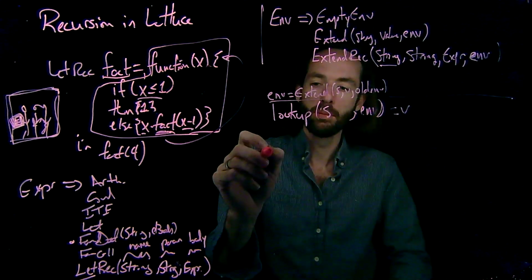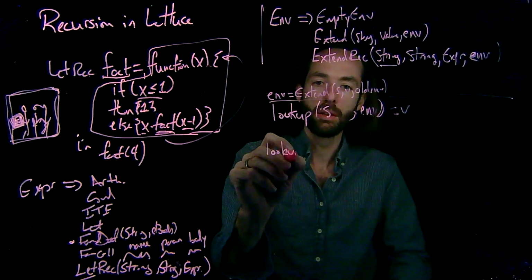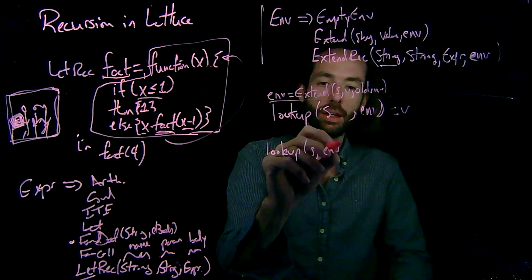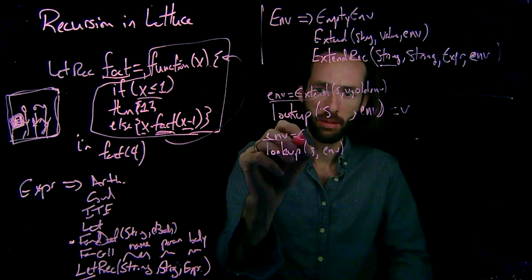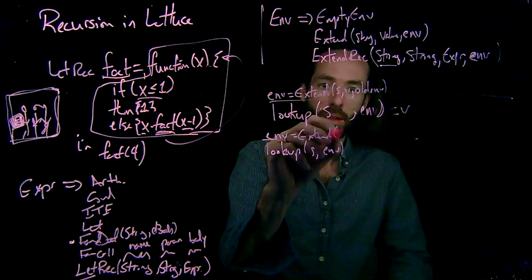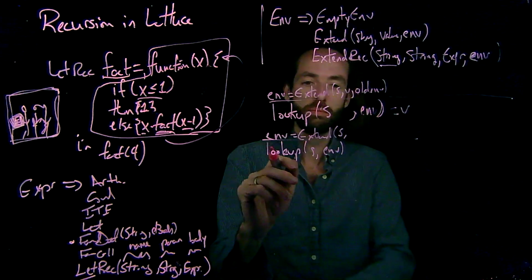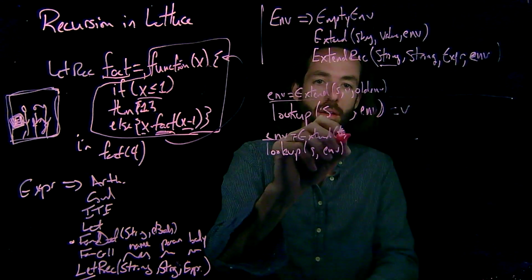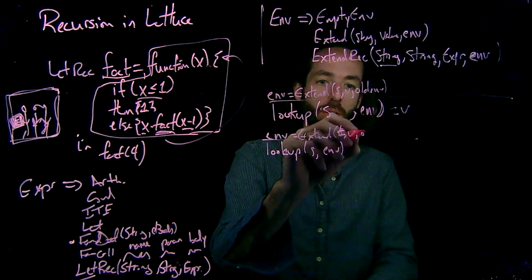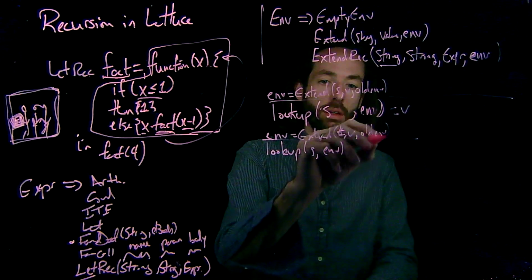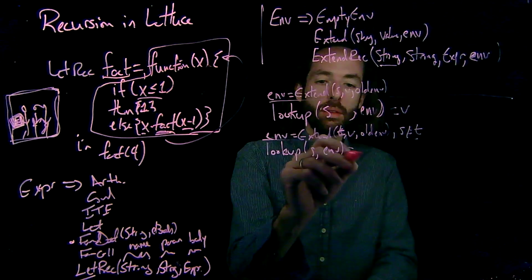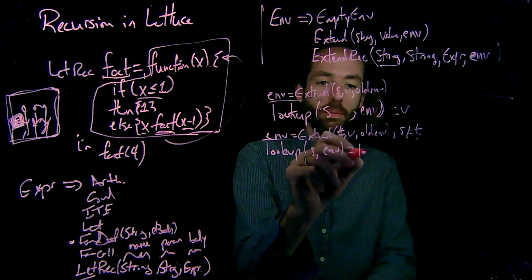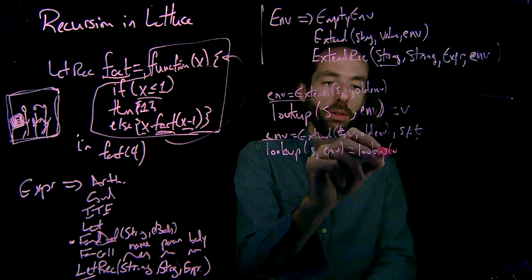This is a normal lookup. If we look up S in an environment, and the environment has the form of extend T, V, old environment, where S is not equal to T, then we just do a lookup of S on the old environment.